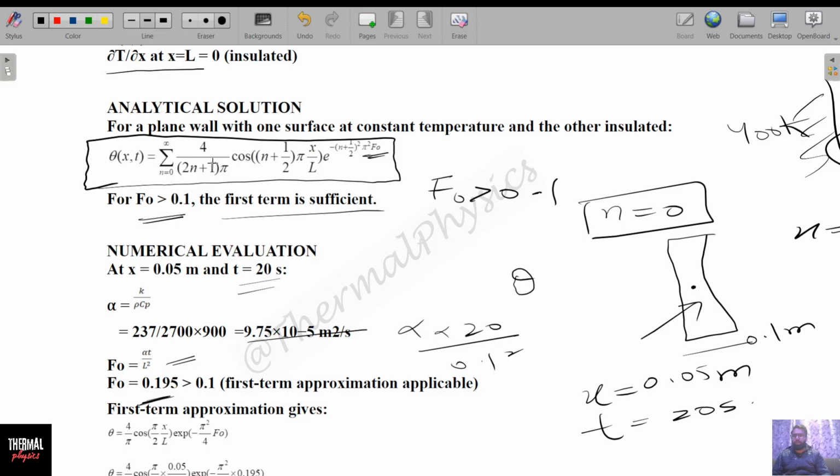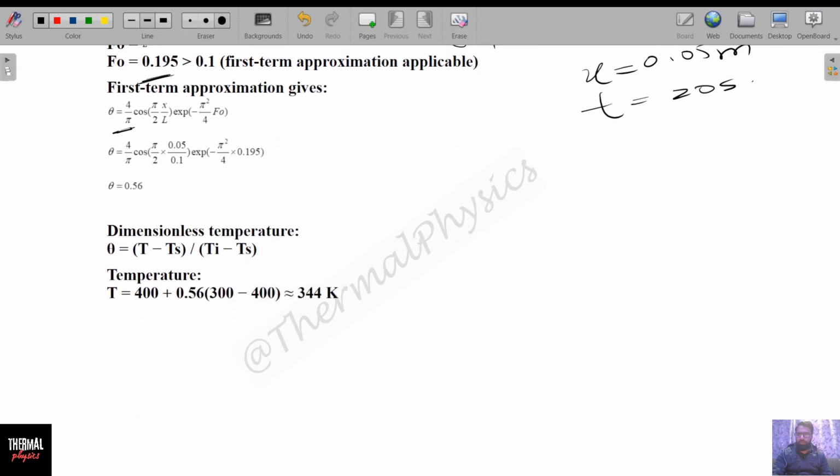When we put n equal to 0, 2n is 0, so we are left with 4 divided by pi, then cos of (1/2) pi x by L, that is cos pi by 2 times x divided by L, and then e to the power of minus (n is 0, so) pi divided by 2 squared, which is pi squared by 4, times the Fourier number. So this is the first term approximation that we will have our solution within.